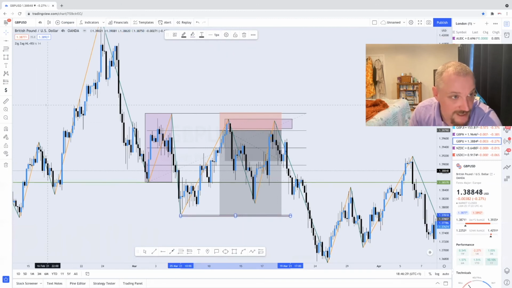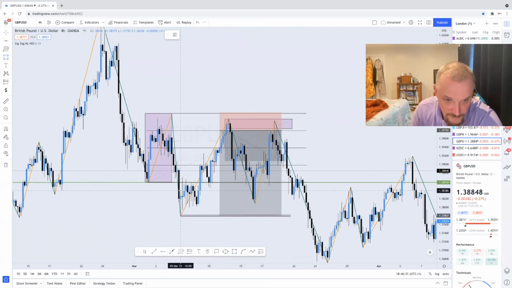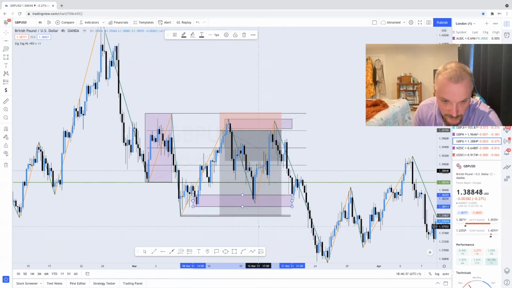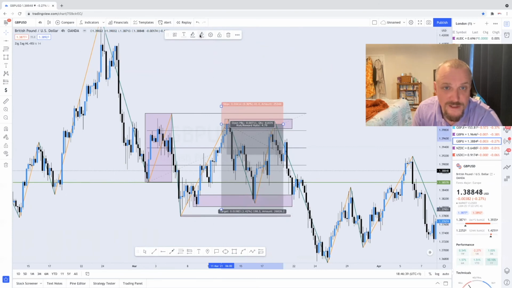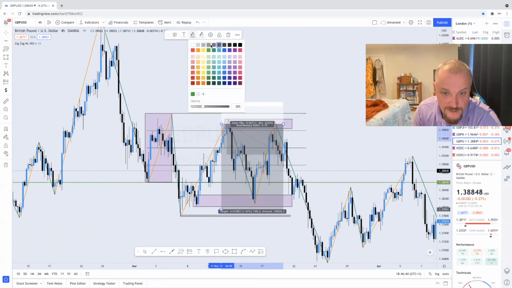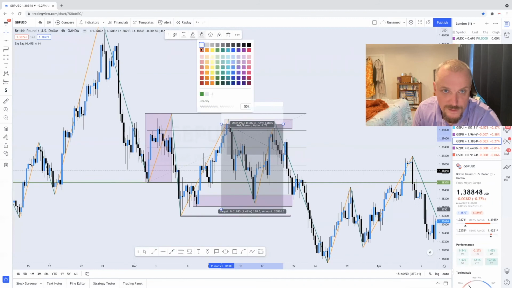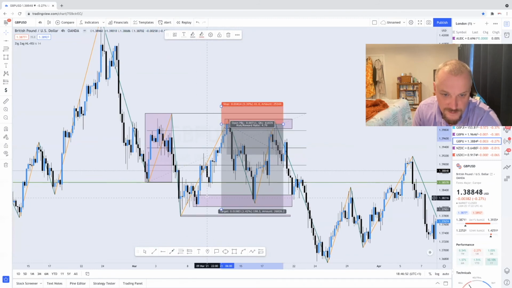However, you could technically say, well, the last down before the up, which is this here, let's just make that white. Needs to be red. It's this one here.